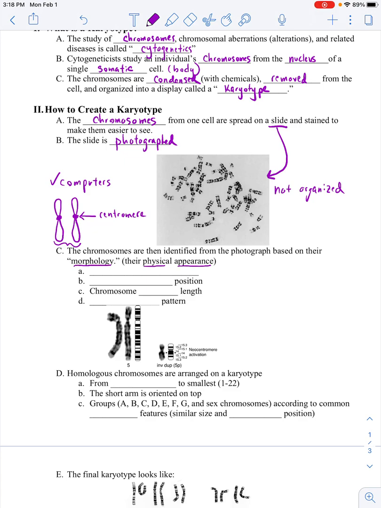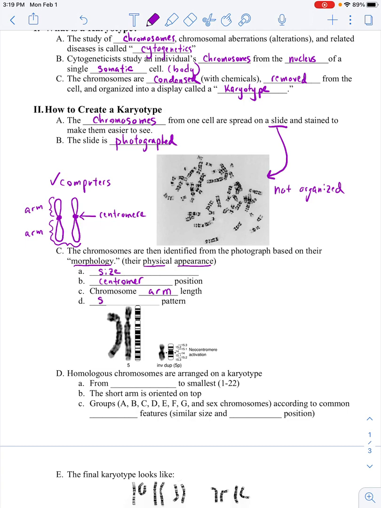Now, what they look for is that homologous pairs are the same size. The centromere is in the same place. The top and the bottom sections of the chromosome are called arms. The arm length is going to be the same for both chromosomes in the pair. And then lastly, chromosomes themselves don't have any color unless they're stained.